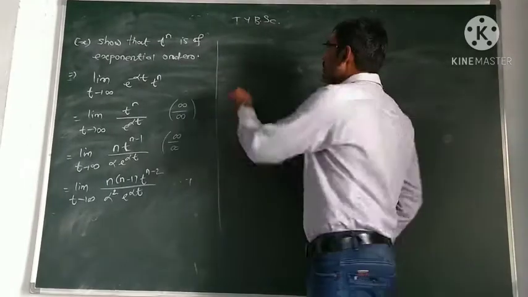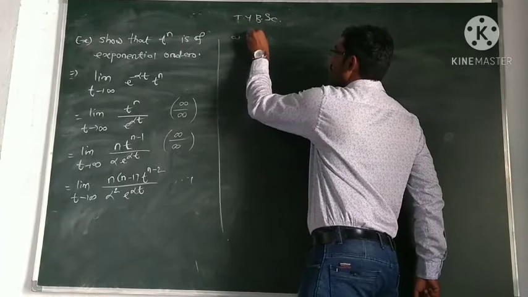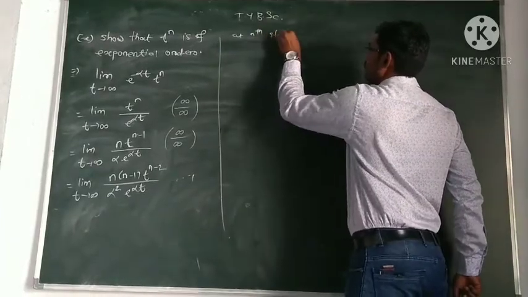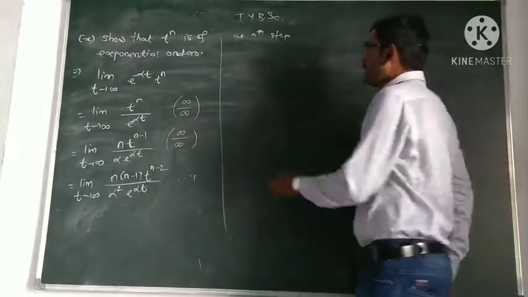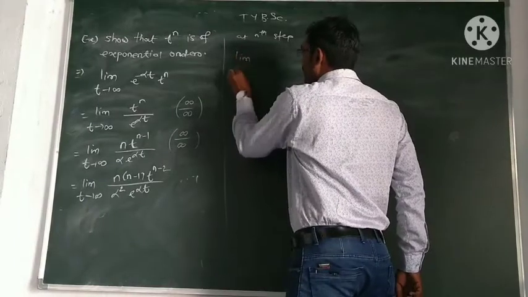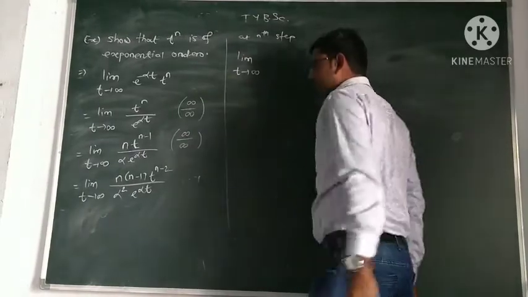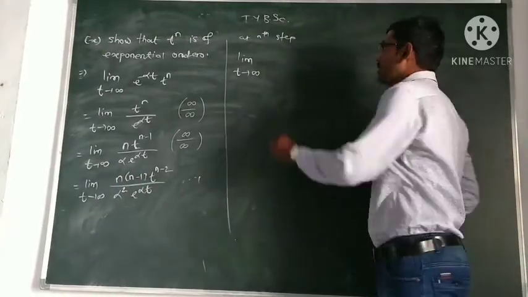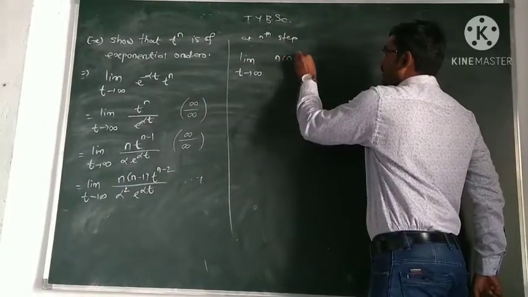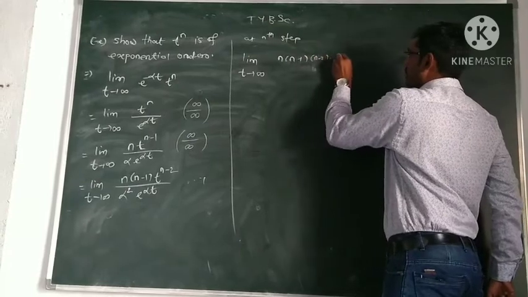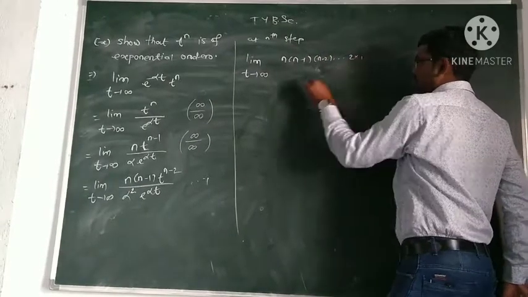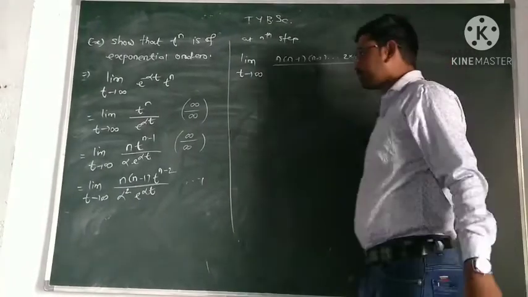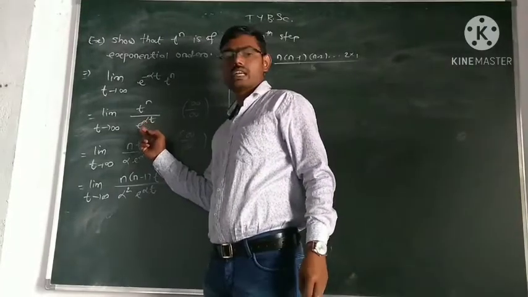at the nth step, what will we get? We will get limit t tends to infinity of n into n minus 1, n minus 2 up to 2 into 1 upon, in the first step there is only e raised to alpha t.